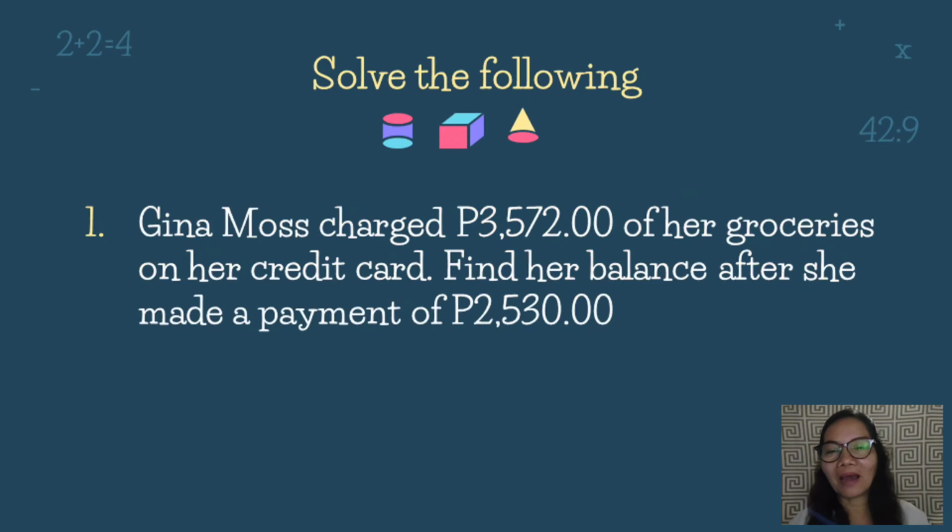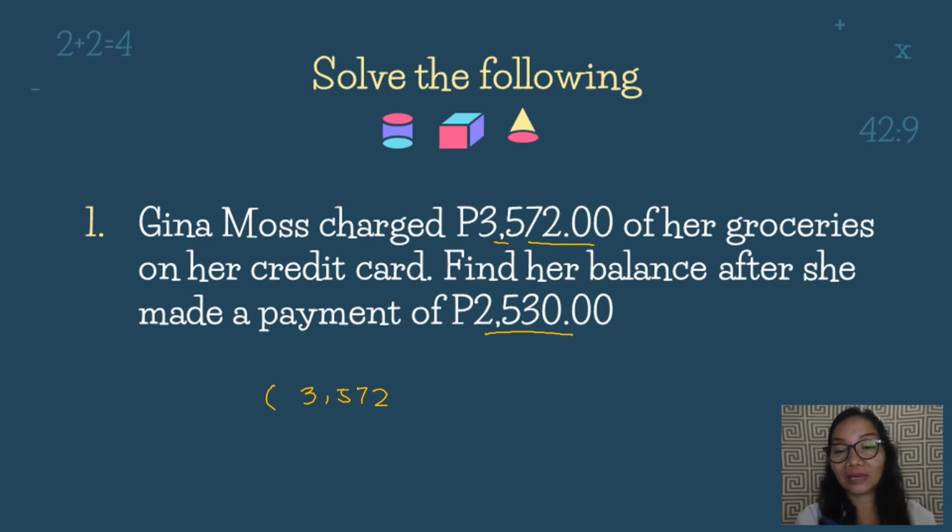Okay, let us apply your knowledge in adding integers to problem solving. Let us have number 1. Gina Moss charged 3,572 pesos of her groceries on her credit card. Find her balance after she made a payment of 2,530 pesos. So what is being asked in the problem? Her balance after she paid.